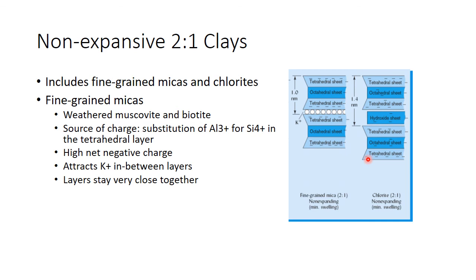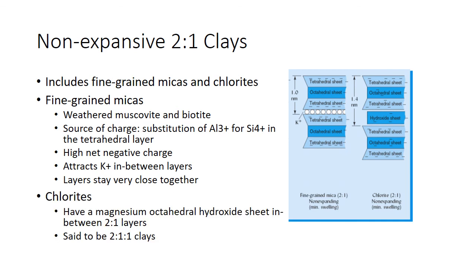And once the potassium's there, these layers collapse, and they trap that potassium for a long time until that mineral weathers. And as a result, we end up with this non-expanding clay, where it's a 2-to-1, but these layers can't be split apart because that potassium is holding it together like a glue.